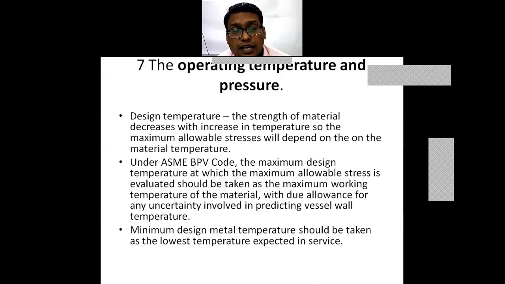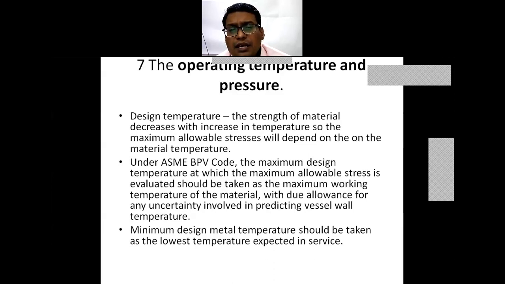So temperature affects the material of construction. The strength of material decreases with the increase in temperature, so the maximum allowable stress has to be taken for the suitable higher temperatures.